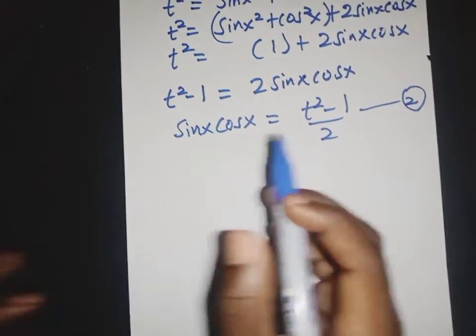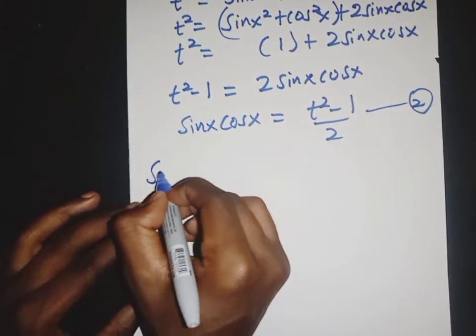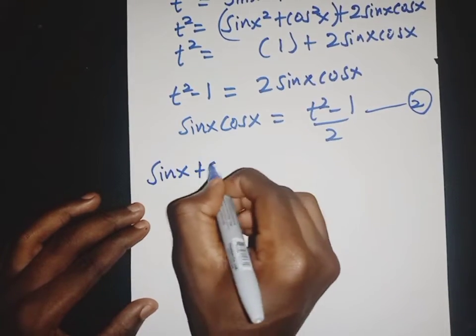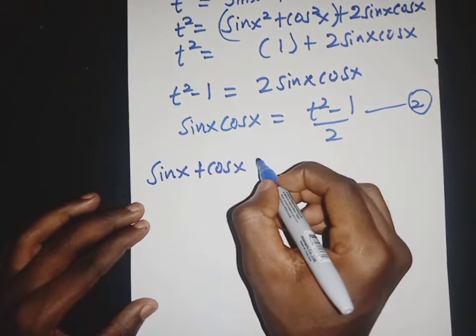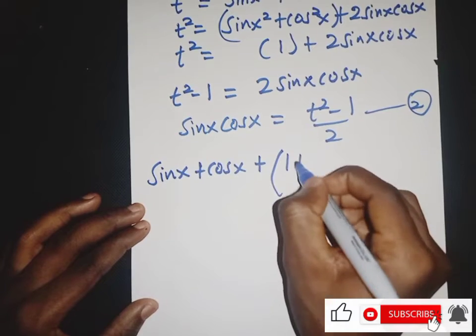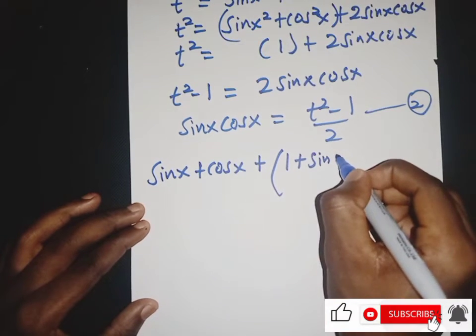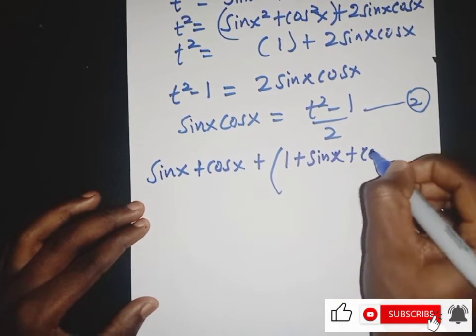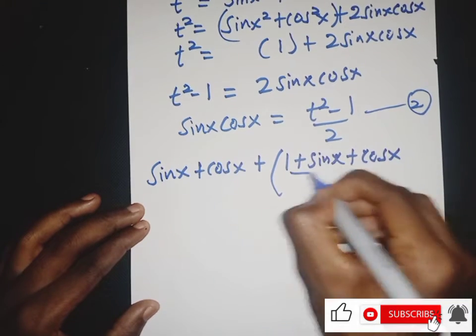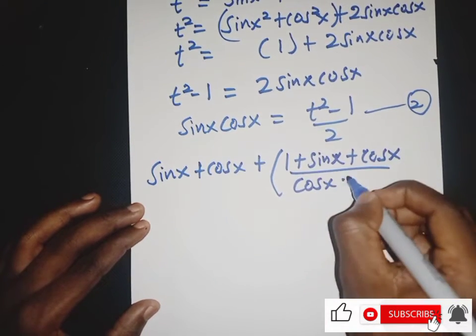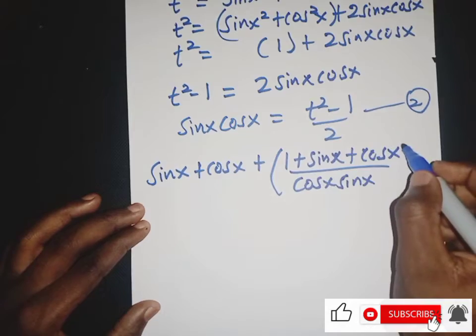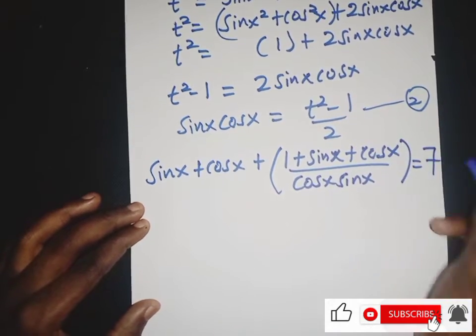Let me quickly write the general one again. We have sin x plus cos x plus 1 over sin x plus 1 over cos x, which is (sin x plus cos x) divided by (cos x sin x), being equal to 7, right?